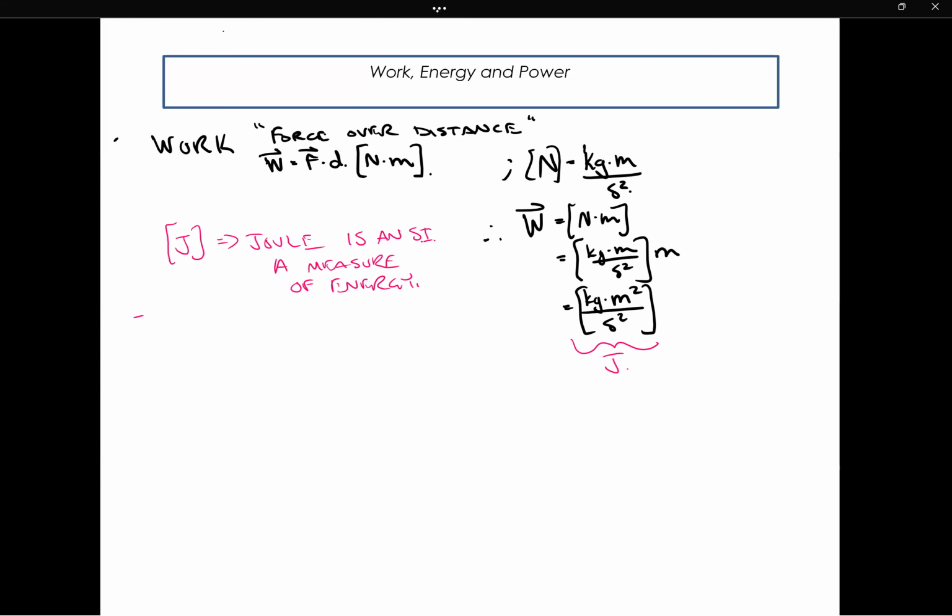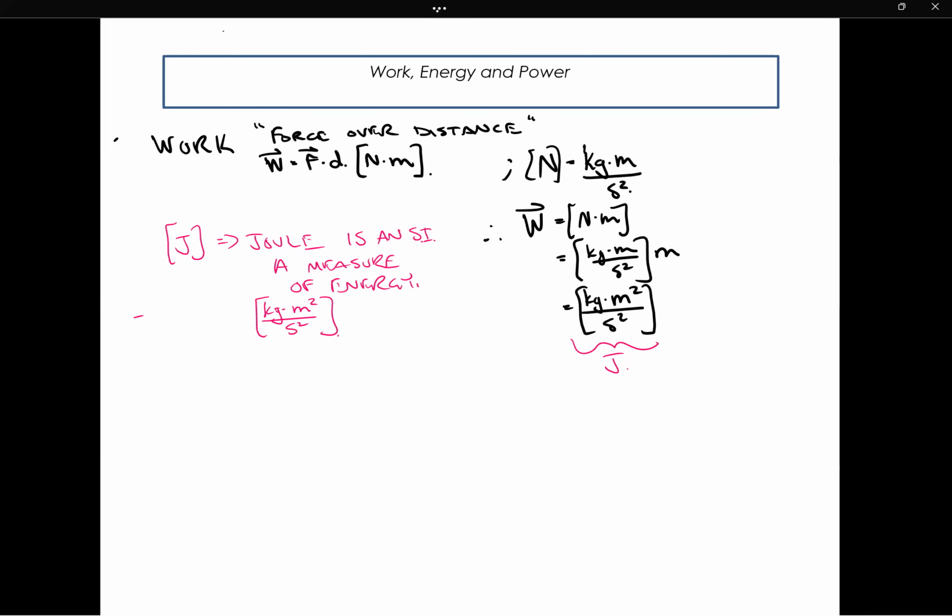All of the mechanical energies like potential energy, kinetic energy. We have our thermal energies that are also measured in joules. Our electrical energies are measured in joules, etc. So energy is measured in joules, and the base SI units for those are kilogram meters squared per second squared.